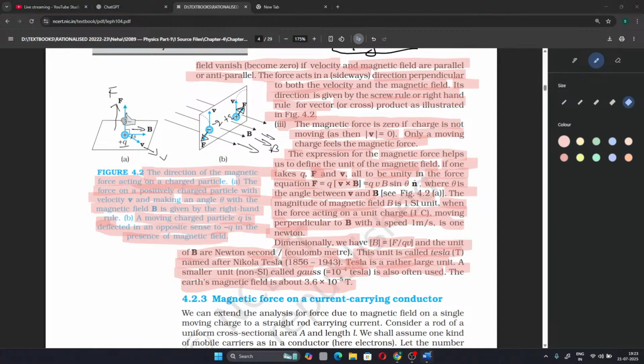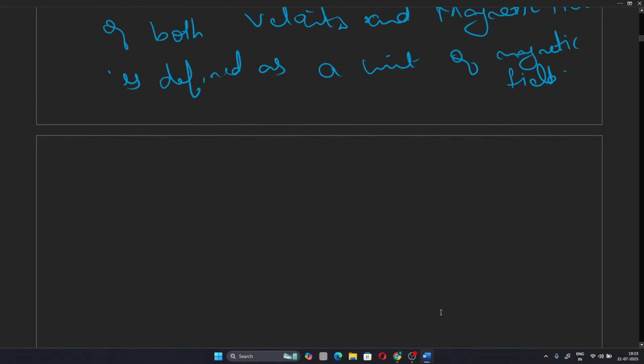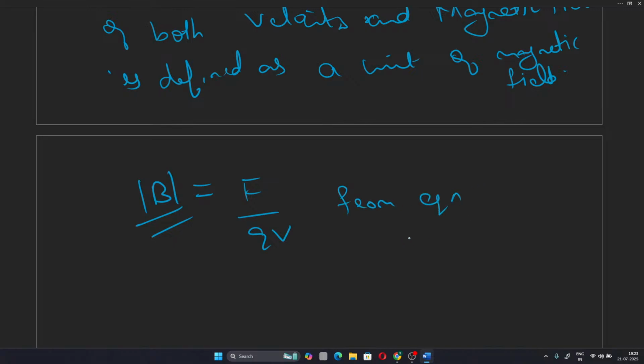Okay, dimensionally we can derive this equation. Force by qv equals magnetic field, from the equation F equals qvB.